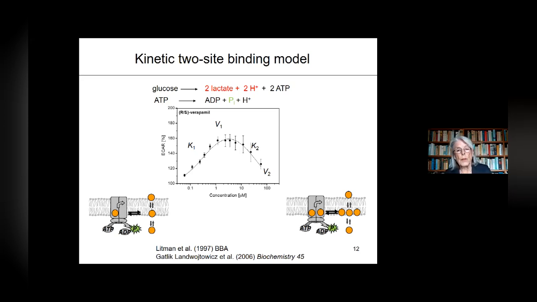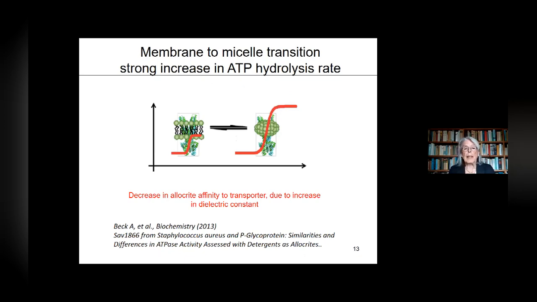So we are very sure that the down regulation is real, and we could not explain the novel PGP inhibitors without having two molecules bound to the transporter. And actually, it's now also proven by crystallography that two molecules can bind. So this is a very important factor.